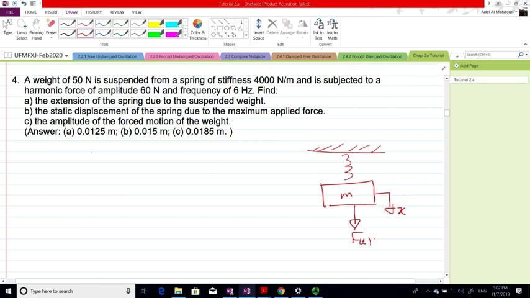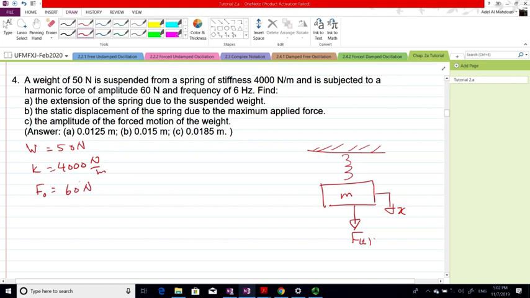So let's write down what we know already. This is the weight, not the mass. The weight is going to be 50 Newton. The spring stiffness is 4,000 Newton per meter. The amplitude of the applied force, F naught, is going to be 60 Newton.